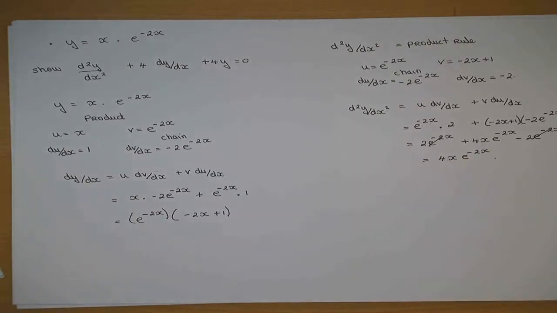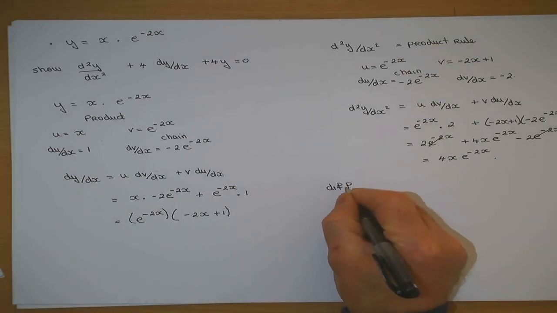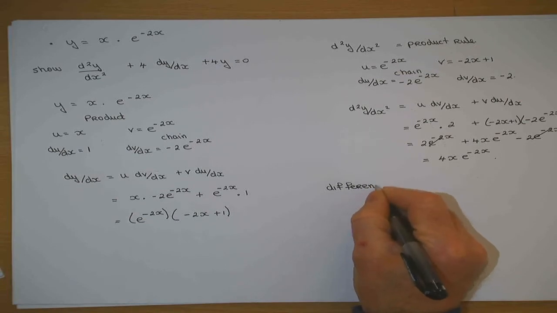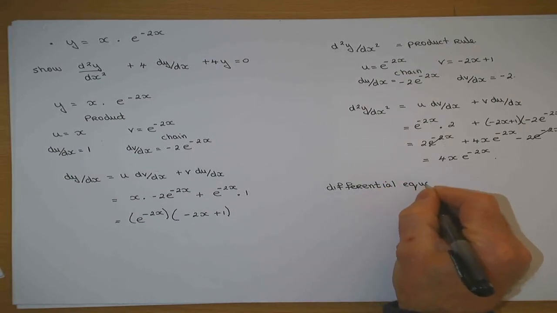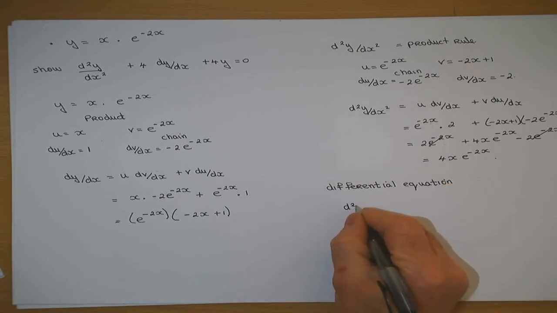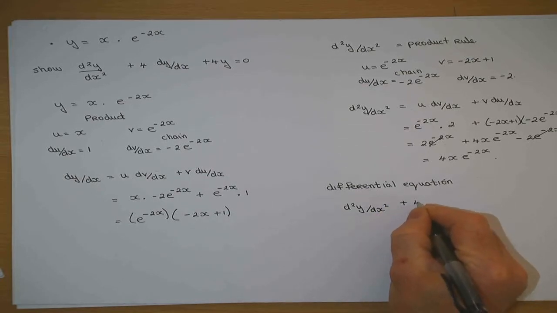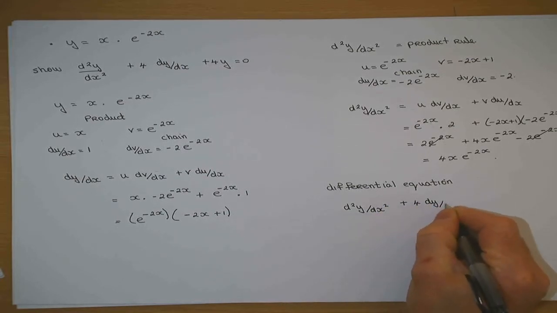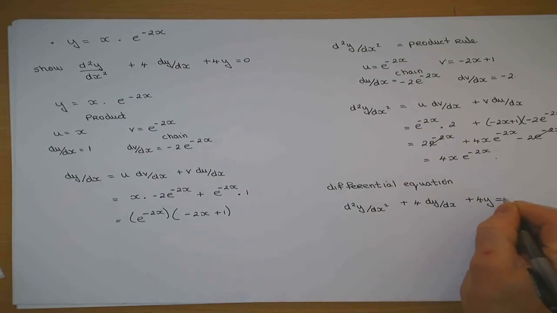Yeah. So now your differential equation said to prove that d2y/dx squared plus 4 times dy/dx plus 4 times y turned out to be 0.